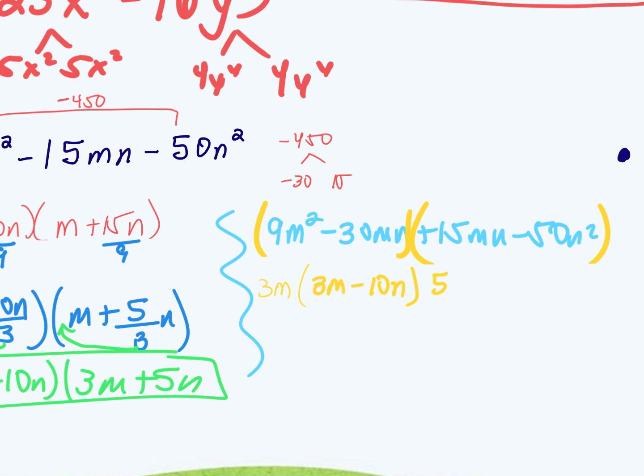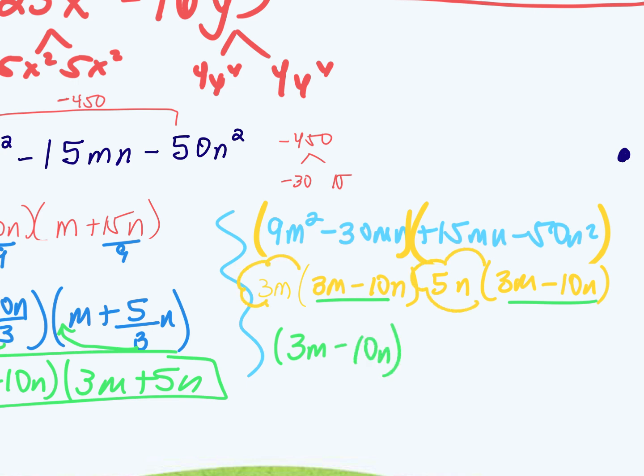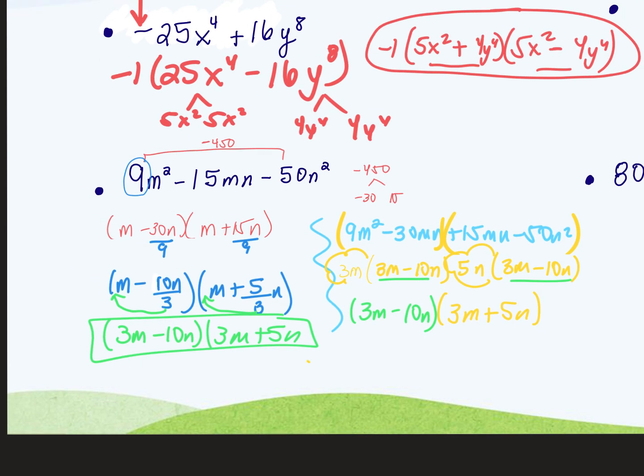What am I taking out? N. Okay, and what am I left with? 3m minus 10n. Okay, good. Do we notice that these now are both the same? So that's my new GCF. I'm going to bring it out in front. And then what happens with my leftovers? They get their own parentheses, right? So 3m plus 5n.